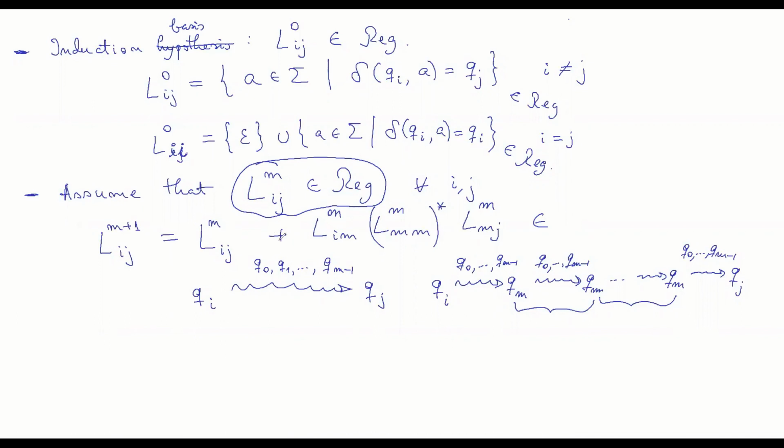And we have sums, we have stars, and we have concatenation. So all of these are making up regular expressions. And yeah, that concludes our proof. It just shows that all of these languages of the form Lijm, for any m, are regular languages. And with this, that concludes our proof.